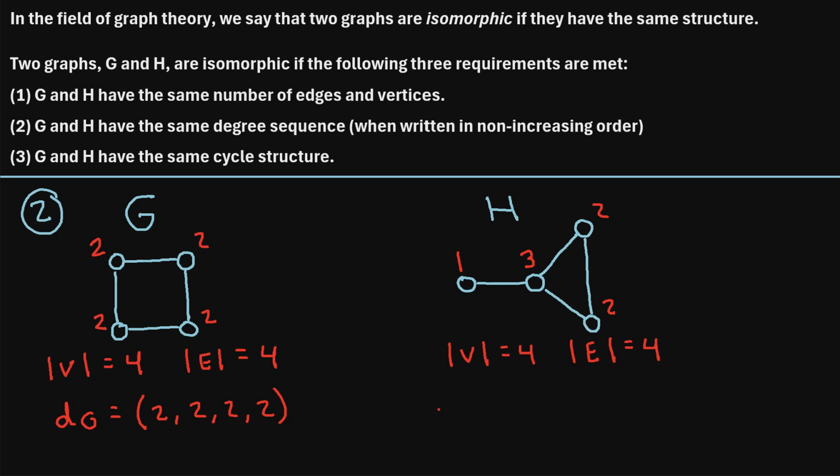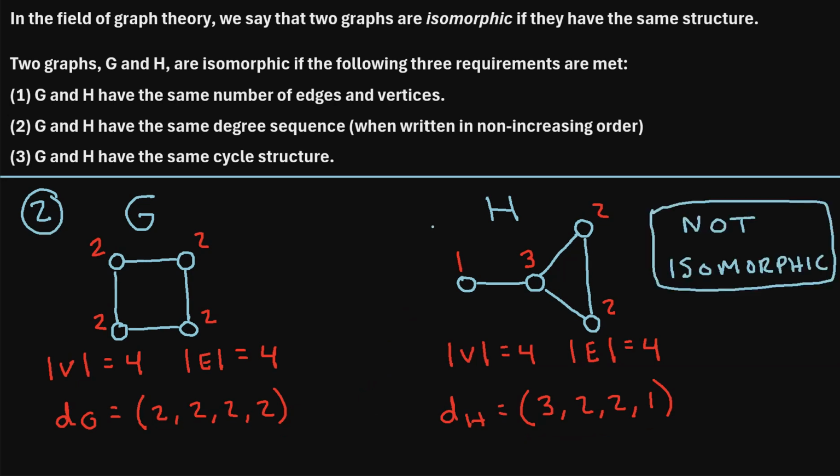And if we were to write the degree sequence for graph H, we could say D sub H is equal to, now we're going to write the degrees in non-increasing order. So in other words, let's start with the highest degree, which we can see is a 3 in graph H. So we would write 3, then 2, 2, 1. So we can see that the 2 degree sequences are not the same. So in other words, these 2 graphs do not have the same structure, and they are not isomorphic. So for our final answer here, we'll say not isomorphic.